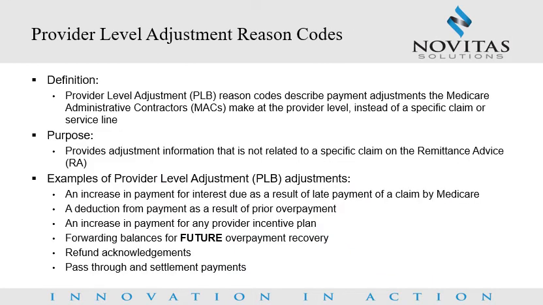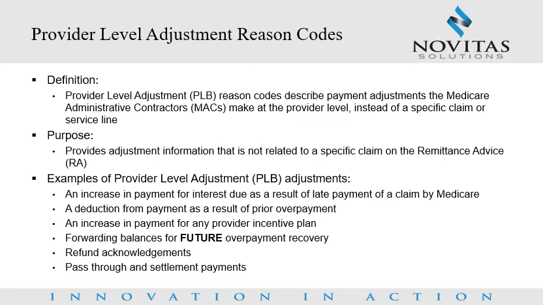Provider-level adjustment reason codes. Provider-level adjustment reason codes describe payment adjustments the Medicare administrative contractor made at the provider level that are not related to a specific claim or service line on the Remittance Advice.